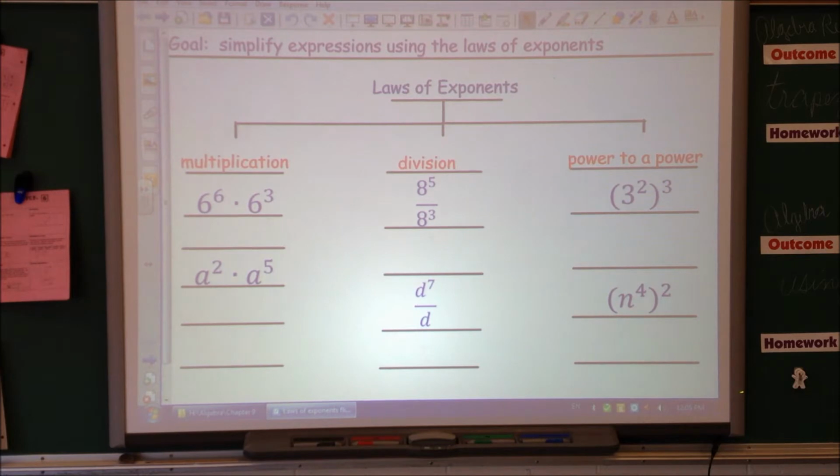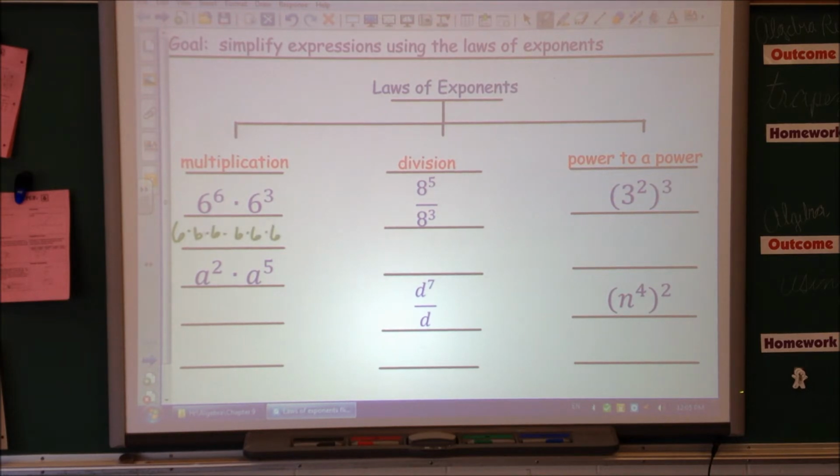So for the first one that I'm going to look at, I have 6 to the power of 6 times 6 to the power of 3. If I wrote this out, remember 6 to the power of 6 means 1, 2, 3, 4, 5, 6.